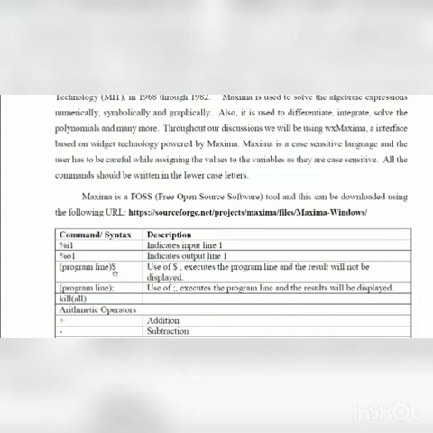With $, after execution of the program line, results will not be displayed. It executes the line, but the results will not be displayed. And the semicolon, after execution of the program line, the results will be displayed. So if you want to display a result, you need to use semicolon.